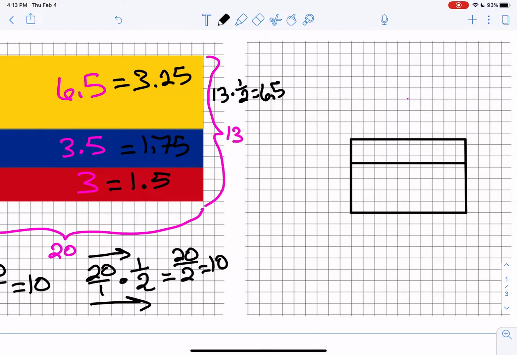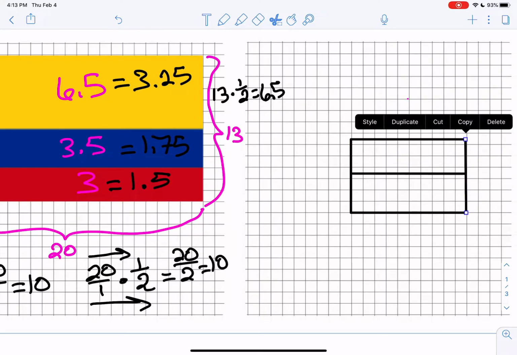Okay. The next one is 1.75. So this line needs to be down here. 1.75. So that's going to be there.